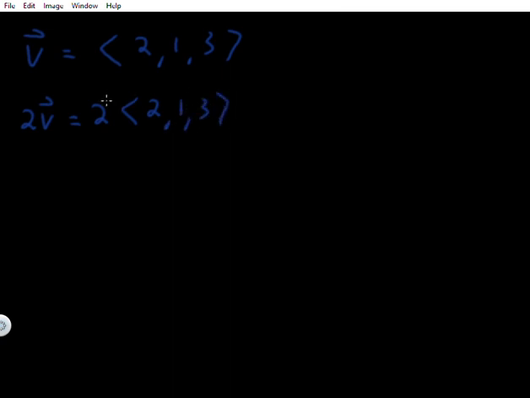And we're going to think of this as distributing the 2 to every component inside. So now I get 2 times 2 is a 4. 2 times 1 is another 2. And 2 times 3 gives you a 6. So this vector over here would be the vector v scaled by 2. And sure enough, 4 by 2 is 2, 2 by 1 is 2, and 6 by 3 is 2.